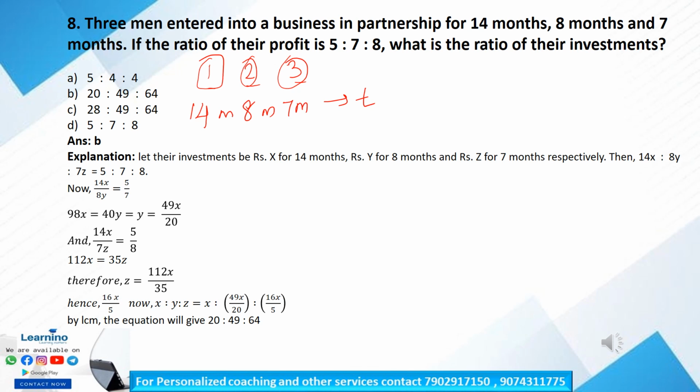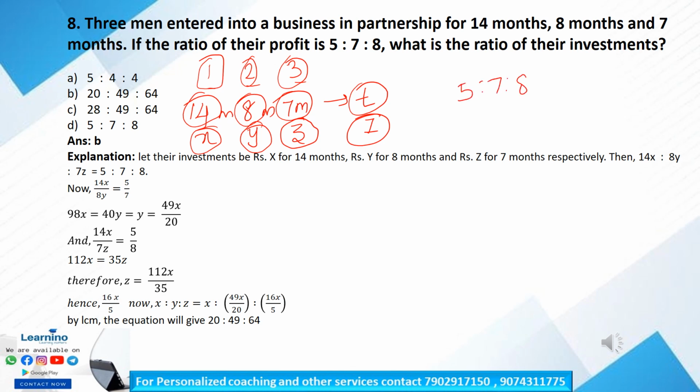Suppose their investments are X rupees, Y rupees and Z rupees. The first man invested X rupees for 14 months, the second man Y rupees for 8 months and the third man Z rupees for 7 months. So this is the time period and this is the investment. The ratio is given as 5 is to 7 is to 8, isn't it?